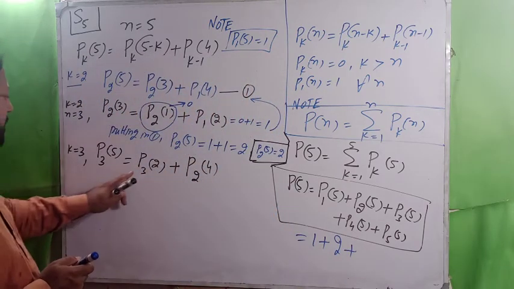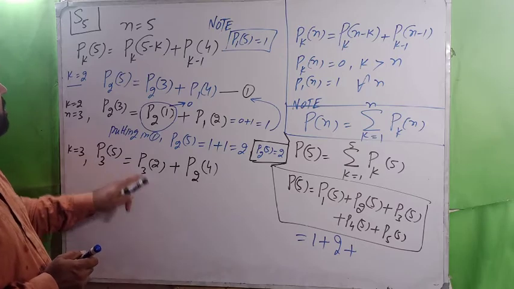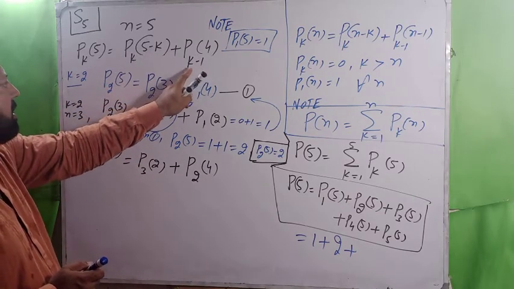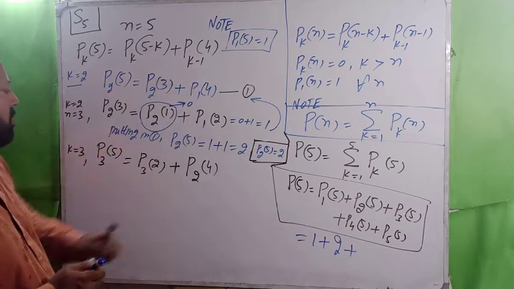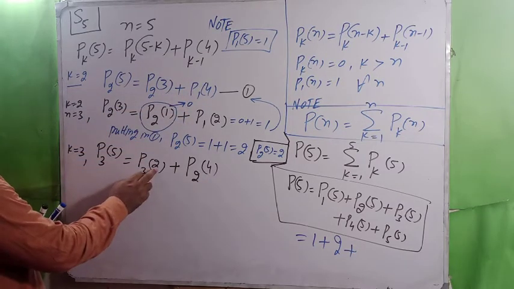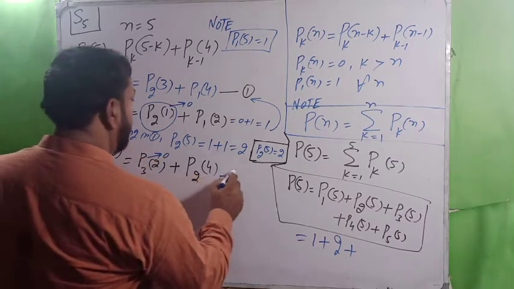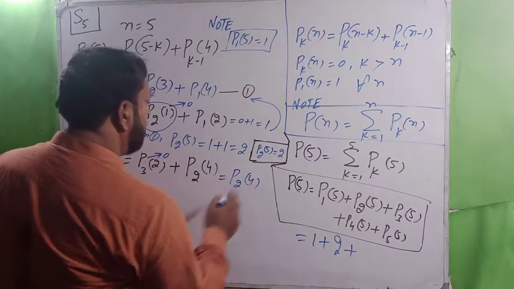I am going to find P35. P35 is equal to P3,2 and then P3 minus 1, 2, 4. And you know 3 is greater than 2, this tends to 0, which is equal to P2,4.